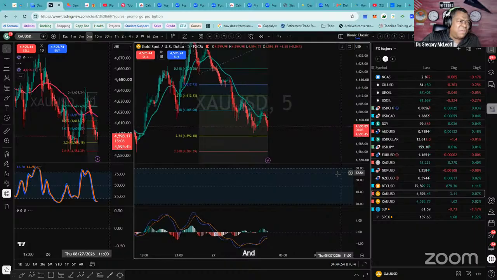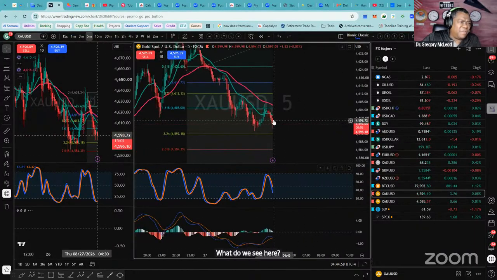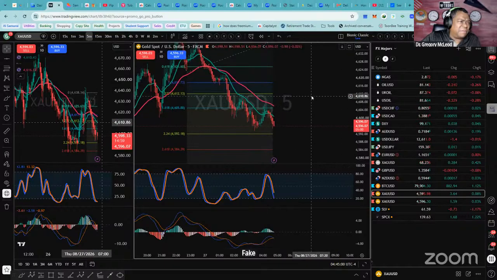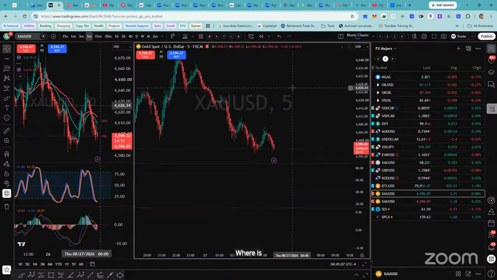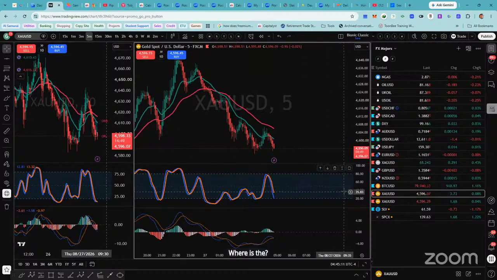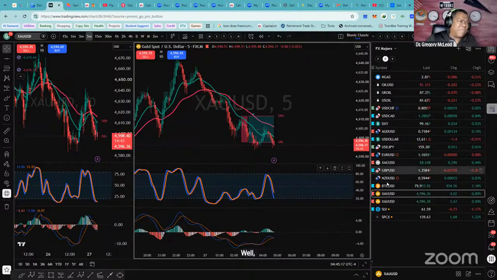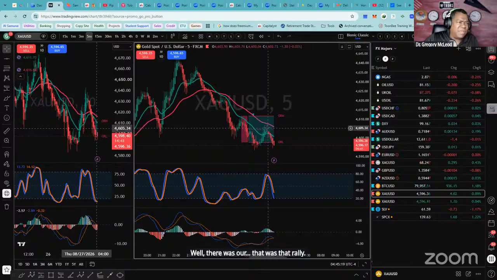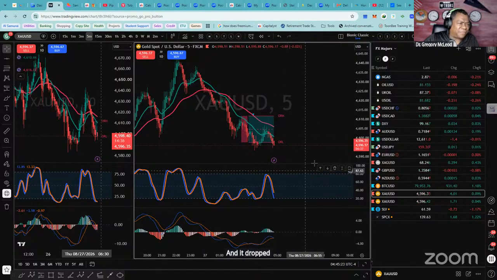And what do we see here? Fake rally. It's taking its time drawing. Okay. Well, that was that rally into value, and it dropped. Right.